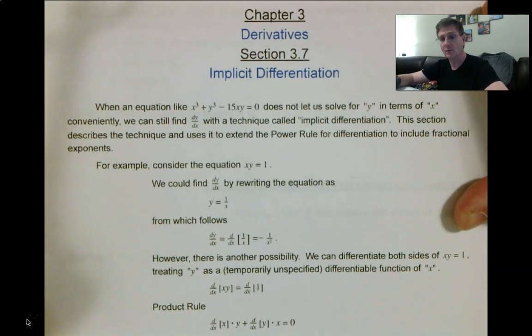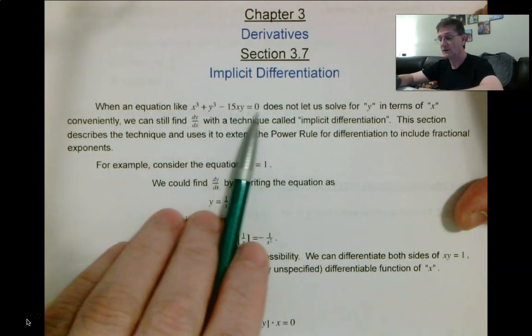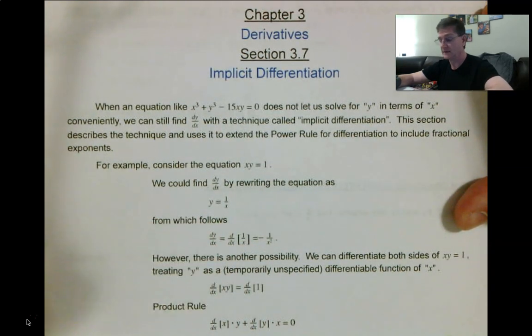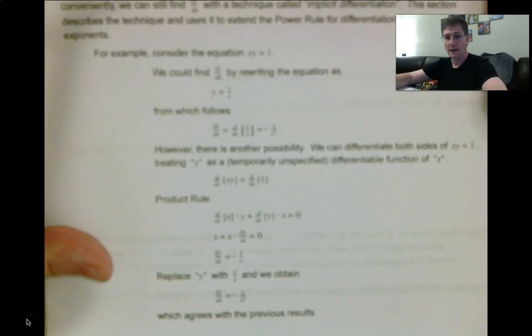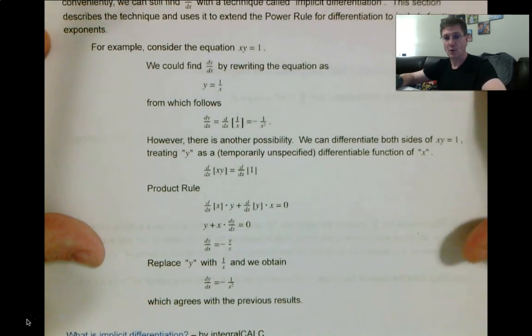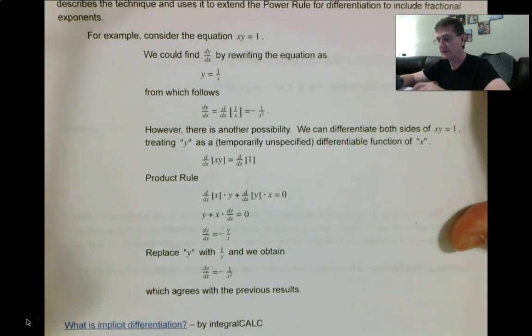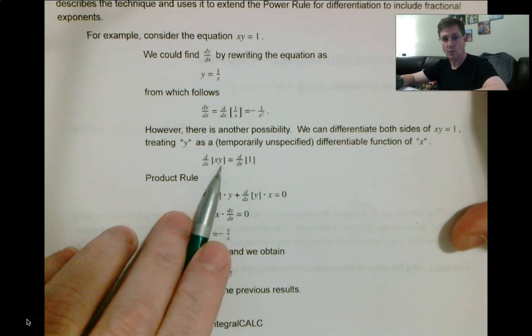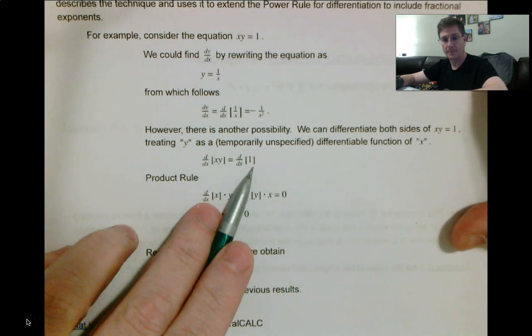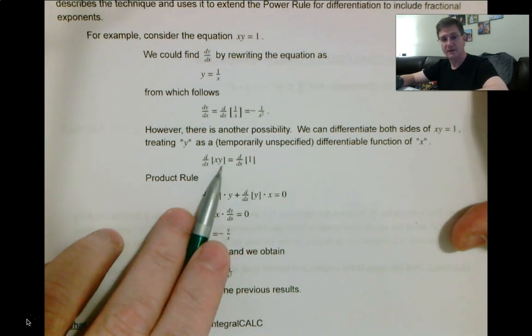But there is another way to solve this problem that's going to show us how to deal with an equation like the one we see up above. So instead of rewriting the equation, we could have kept it as xy equals 1. I take the derivative of the left side as it is without rewriting it.